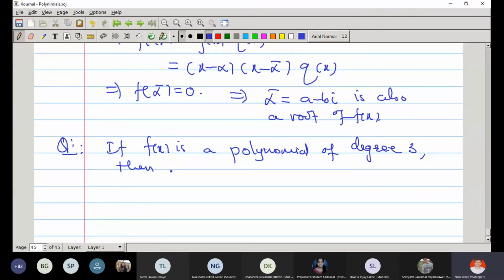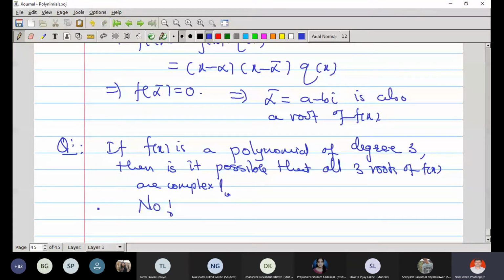Is it possible that all 3 roots of f(x) are complex? No. Not possible. Why? If a complex number is a root, its conjugate is there. And if there is one more complex number, then its conjugate must be there.